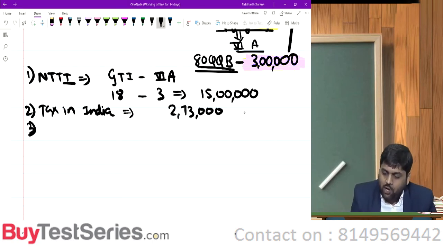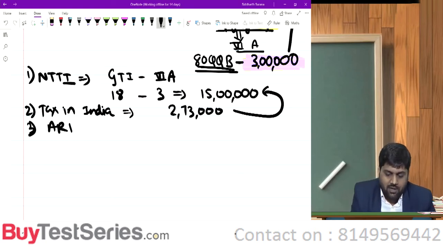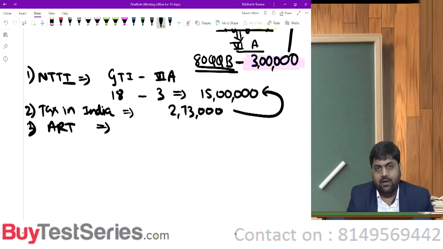If in India on 15 lakh rupees you are paying tax of 2,73,000, then what is your average rate of tax in India? 2,73,000 divided by 15 lakh into 100. Can I say 18.2%?